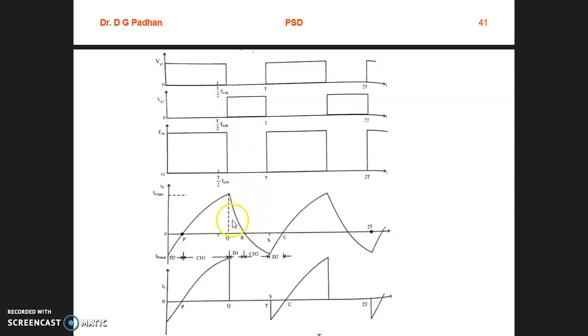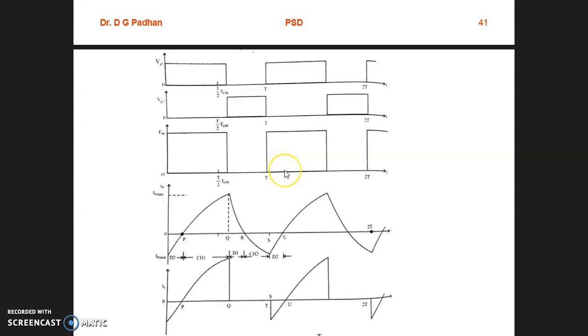Initially both the choppers are off and the load is isolated from the supply. The waveform of the output current under the steady state condition is this one.